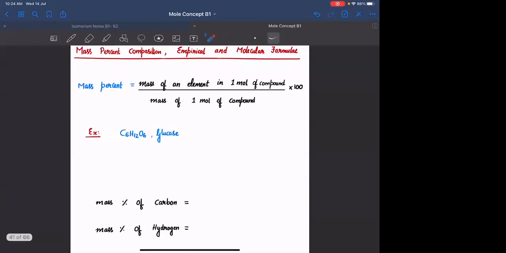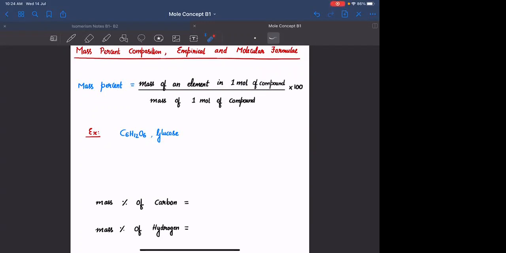What is meant by mass percent? Mass percent of any given element in a given compound is nothing but the mass of that particular element in 1 mole of the compound. You can even take the mass of that particular element in 1 molecule. That also will give you the same mass percent. The mass percentage of the element in 1 molecule or in 1 mole of molecules will be the same.